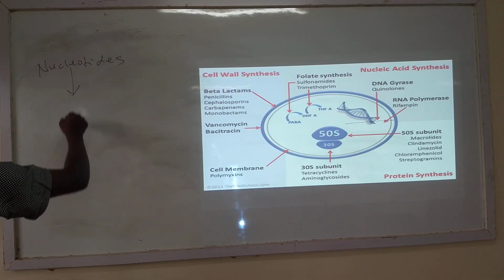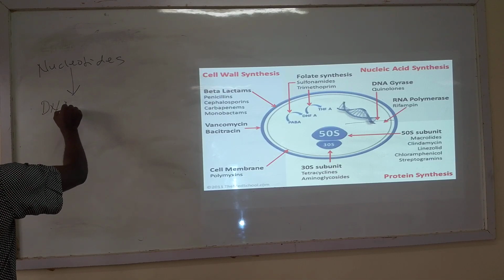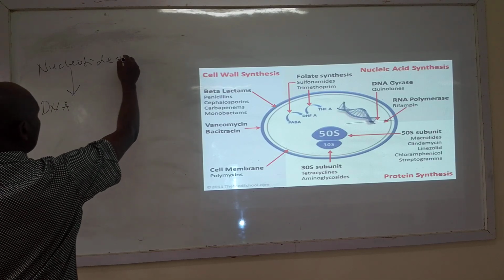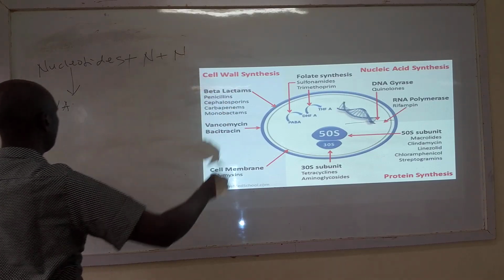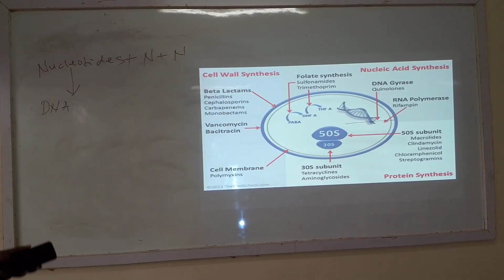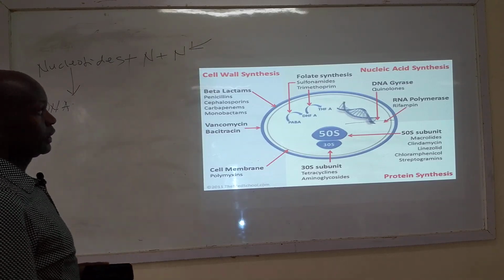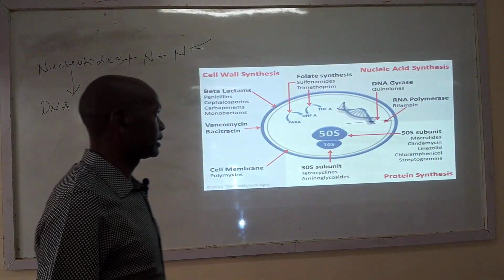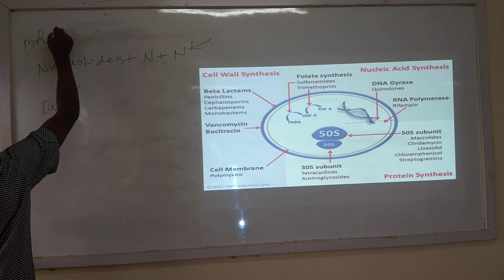Remember, these are the molecules that form DNA. So we join nucleotide plus nucleotide plus nucleotide to get a DNA strand. The enzyme that joins these nucleotides is known as RNA polymerase, particularly for messenger RNA.